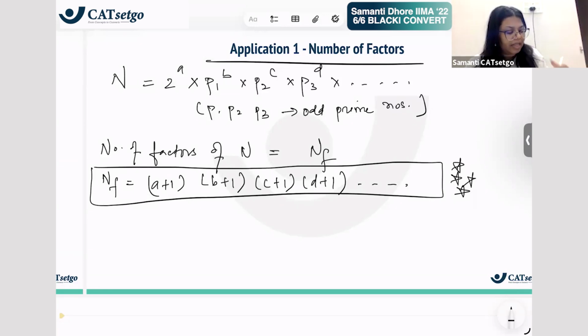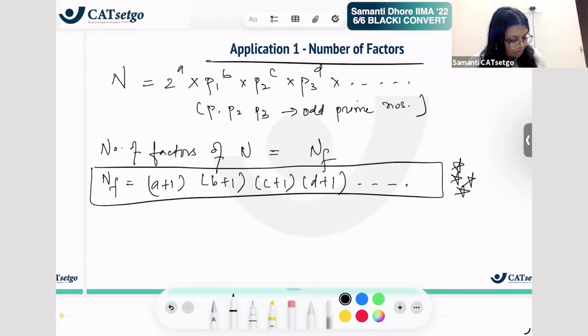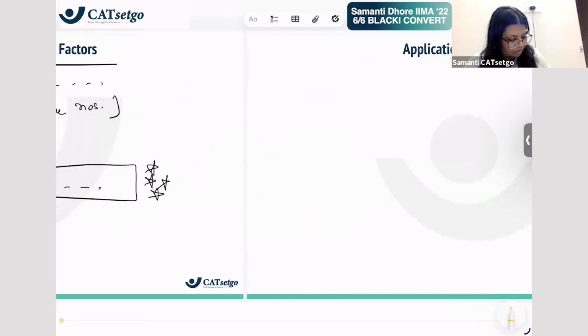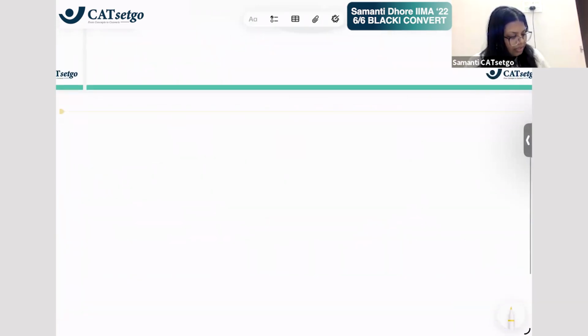Basically, number of factors मतलब है, let's say 24 as a number. Let's say you take 24 as a number, and we saw that it can be prime factorized as 2 cubed into 3 raised to 1. हमने prime factorization इसका starting of the class देखा कि it can be written like this.